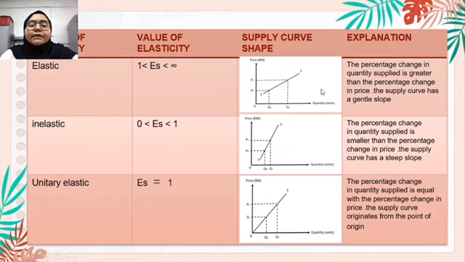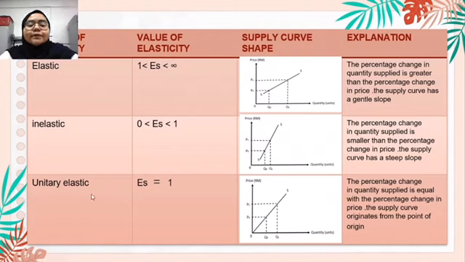Secondly, inelastic. The value of elasticity is greater than 0 and less than 1. The percentage change in quantity supplied is smaller than the percentage change in price. This supply curve has a steep slope.